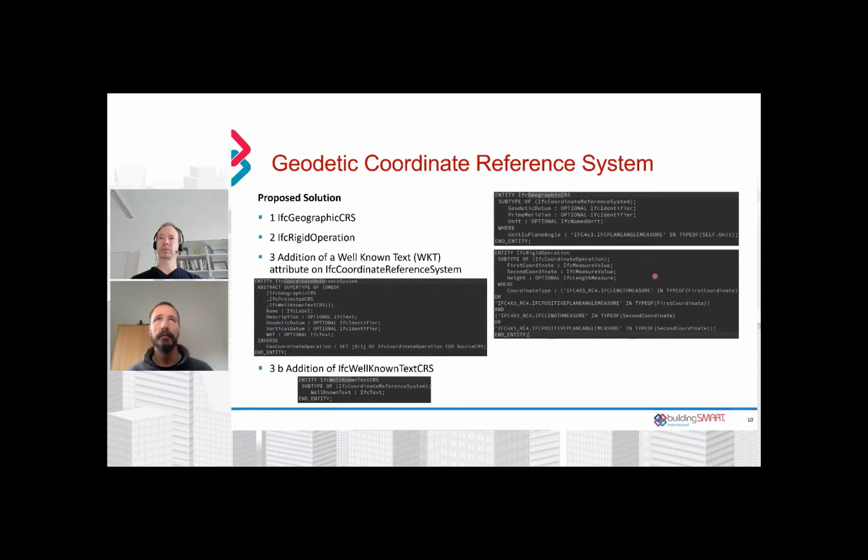So there's no mixing of plane angle measures and length measures. And this can be applied to both a geographic CRS and to a mapped conversion or mapped coordinate system in kind, as it allows both conversions to be dealt with through length measure and plane angle measure.